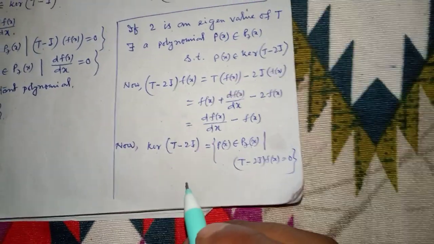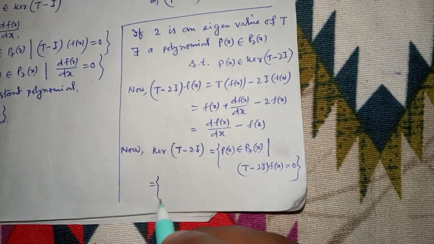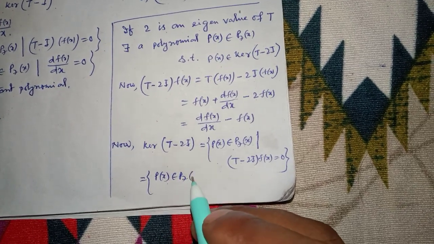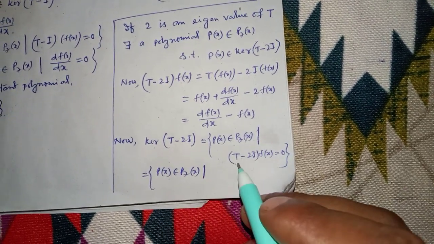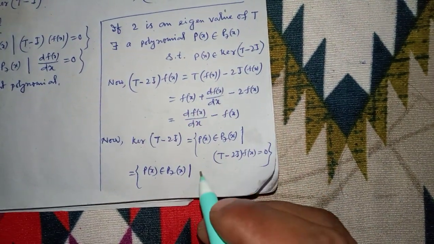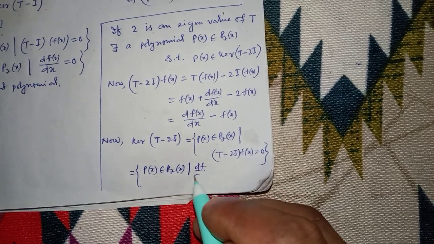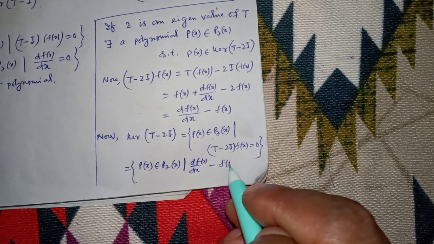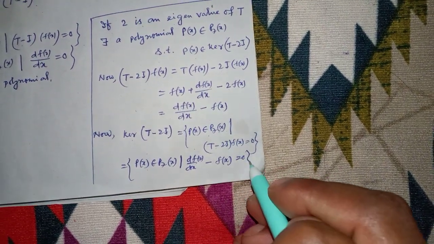Therefore, it is equal to {p(x) belongs to P7(x) such that df(x)/dx minus f(x) is equal to 0}.